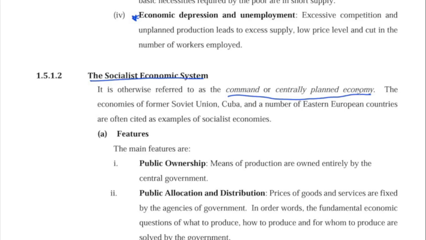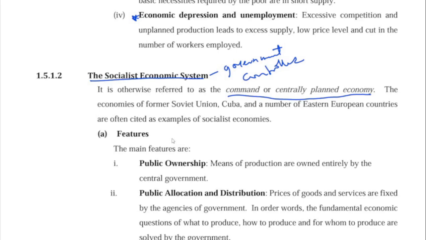It's saying that it is government controlled. So that's what the socialist economic system means. Government controls the resources of production, controls what you can demand and all of that.